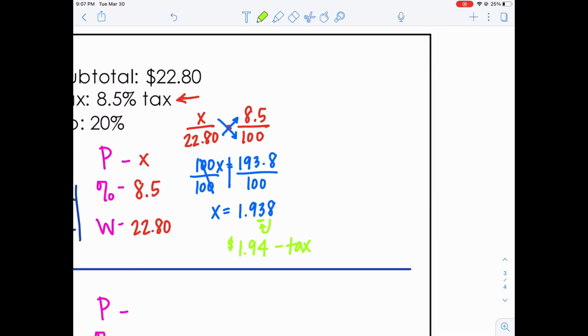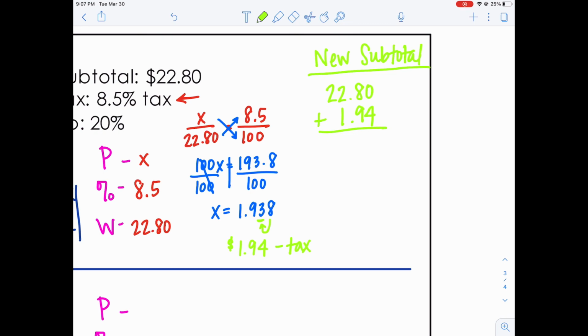After we find the tax, we need to go back and find the new subtotal. Remember, to find the new subtotal, we take the original subtotal, $22.80, and we add the amount we're paying in tax, $1.94.